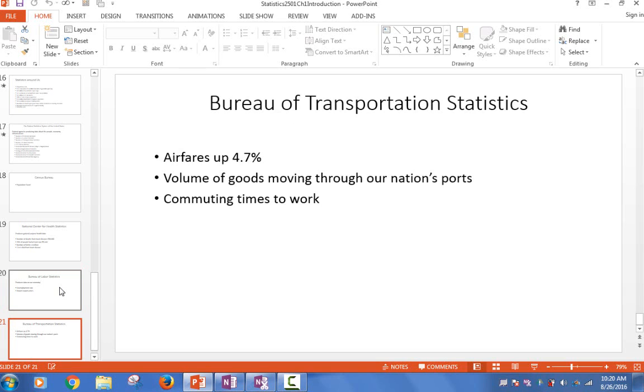So the Bureau of Transportation Statistics, they look at airfares. So airfares went up by 4.7%, right? If you ask the Delta or some other airline CEO, at some point when the oil price went up to $4, they said, well, oil price is up, we have to take the prices up.